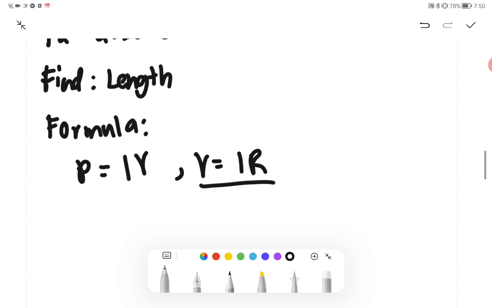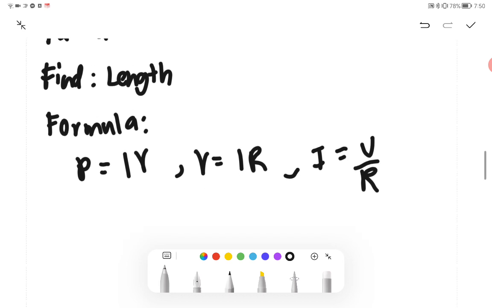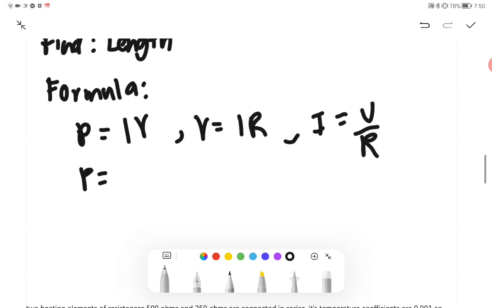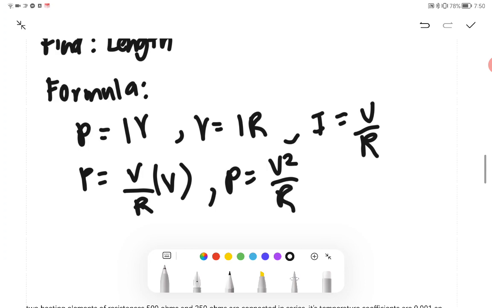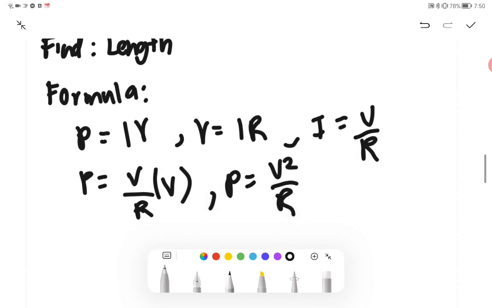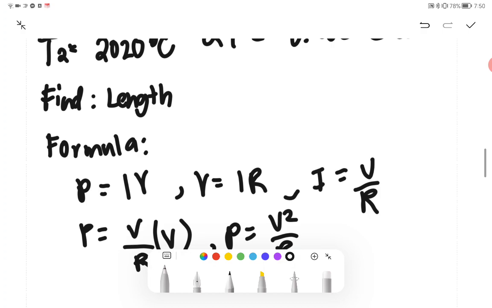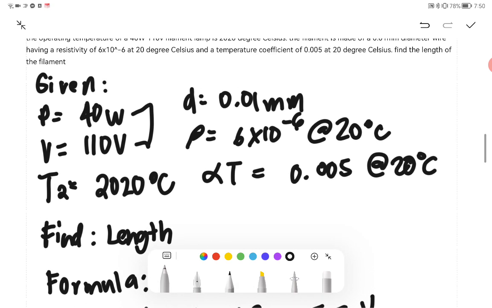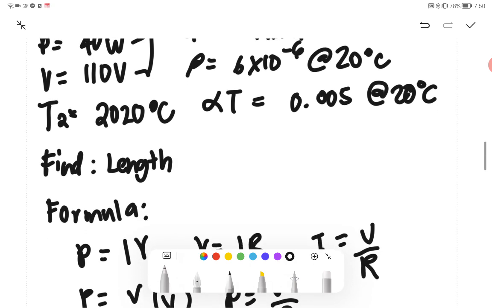So, therefore, I is equals to V over R. So let's substitute I. We have P is equals to V over R multiplied by V, or simply P is equals to V squared over R. It's because I don't memorize all the Ohm's law, so I just memorize two of them and then I just manipulate them.